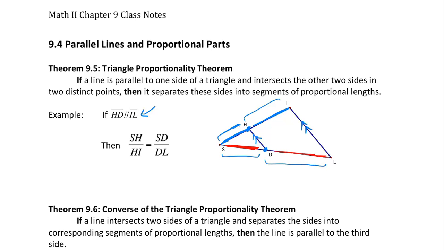So that is the triangle proportionality theorem. A parallel line cut through a triangle like that is going to make these segments proportional. I thought it might be interesting to see why that is, so a little bit of a proof of this theorem.